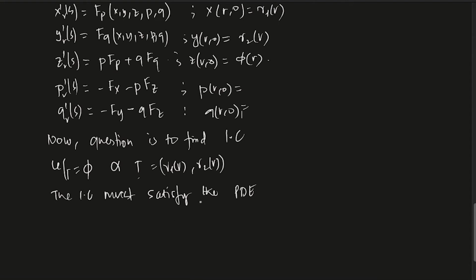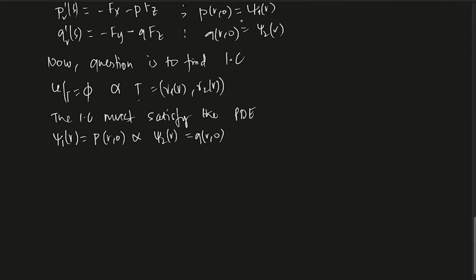Let's say psi 1 of R is P of R0, and psi 2 of R is Q of R0. We don't know what psi 1 and psi 2 are; these are unknown, we are just writing it.